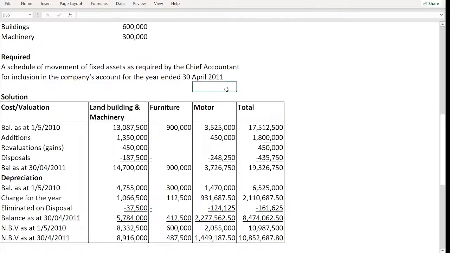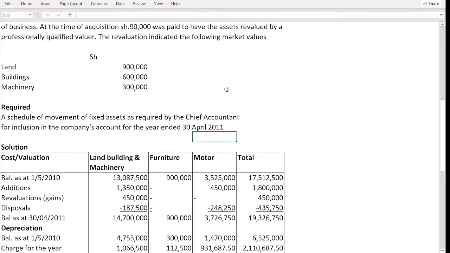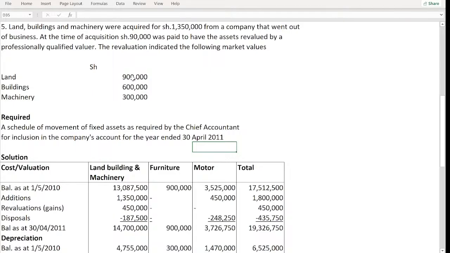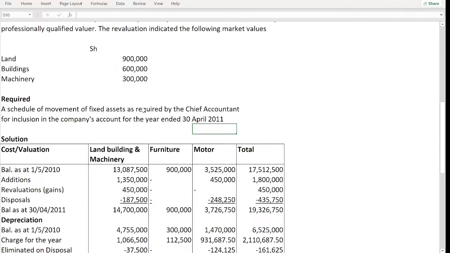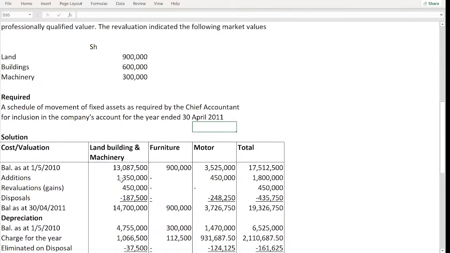But as you can see above, after the revaluation, we had 900 for land, 600 for buildings and 300 for machinery. When you add this, it becomes 1,800,000. So we have to subtract the 1,350,000 of what we had acquired. So the revaluation gain that we are going to get is 450. We don't have any other revaluation gain for the other two.